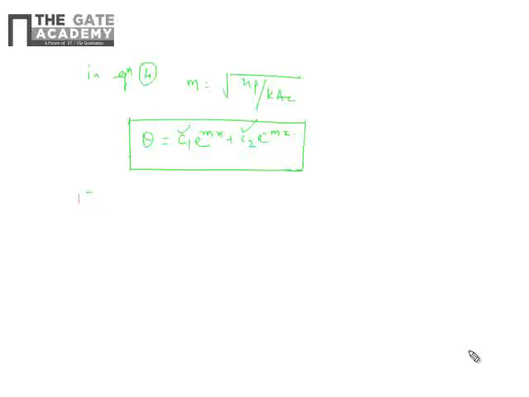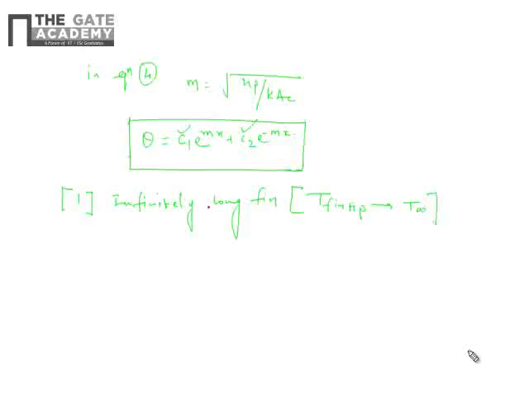So the first kind of fin is the infinitely long fin. That is, the temperature of the fin tip will go towards the atmospheric temperature.